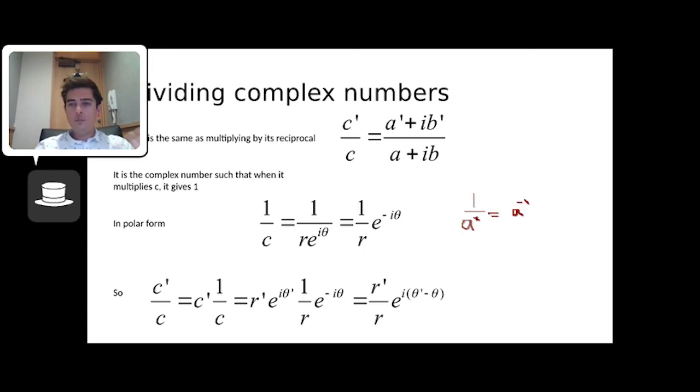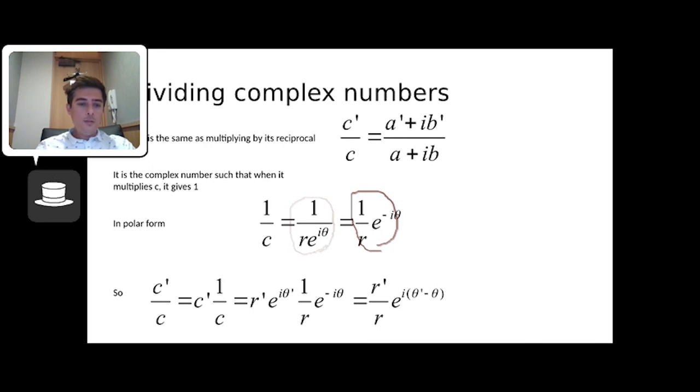That's just regular algebra. In the same way, we can use that relation here. So this quantity of 1 divided by r times e to the i theta is also equal to 1 over r times e to the minus i theta, right?